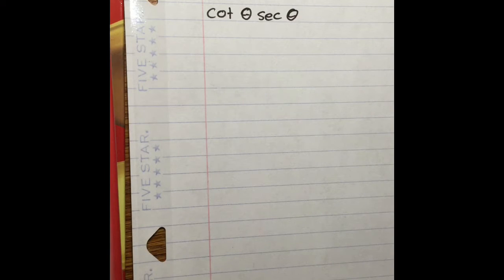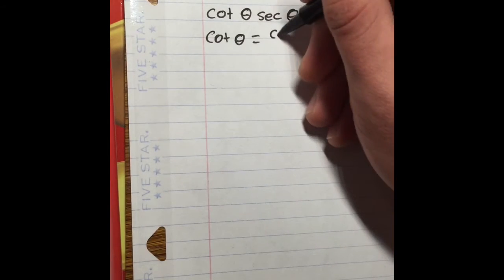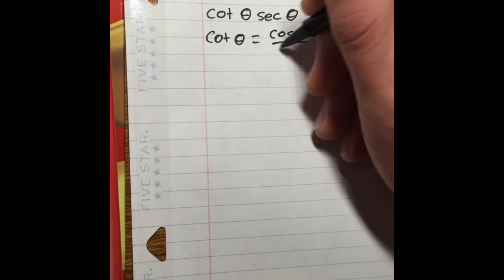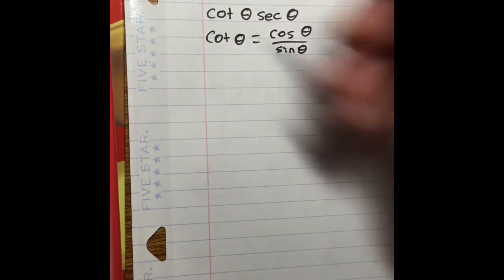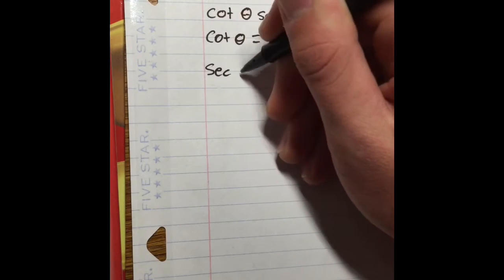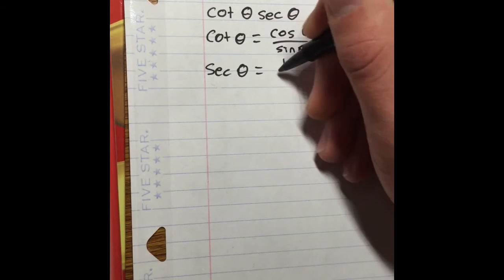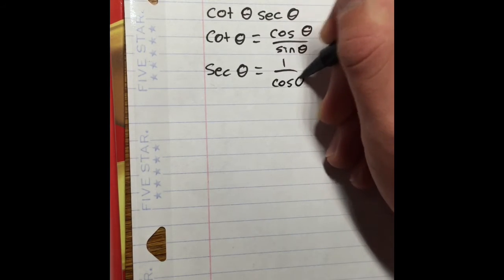Okay, so for the next problem, we're going to be asked to simplify cotangent theta times secant theta. So we start by knowing that cotangent theta is the same as cosine theta over sine theta, and secant theta is the same as 1 over cosine theta.